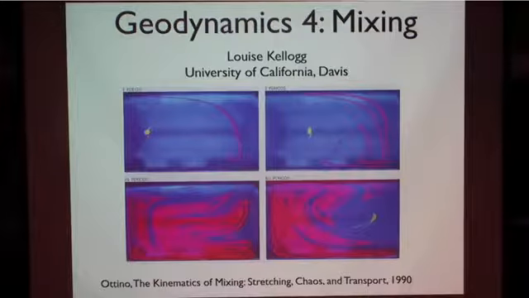This green blob and this red blob started out as the same size, but the red blob is being sheared and folded and stretched. The green blob is pretty much remaining unmixed. This is often going to be the paradox of mixing, that it's quite sensitive to the specifics of the flow. And since we don't know the specifics of the flow or the history of the flow very well in the mantle, that makes it a challenge.